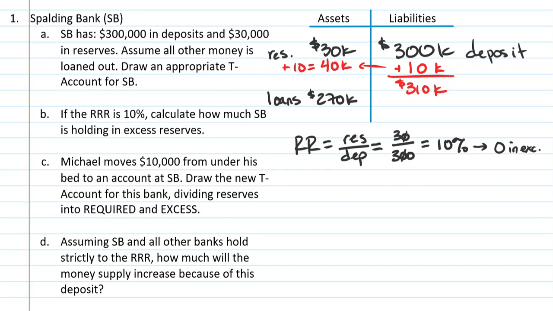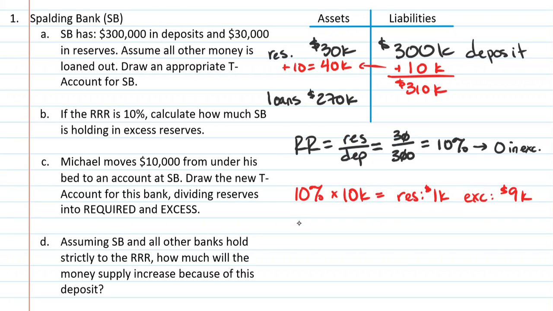And there's now really two ways to help us sort this reserve into required and excess. The first is that we know they have a 10% reserve requirement times the 10,000 deposit from Michael, which means they must reserve $1,000. And that means that the excess of his deposit must be $9,000.